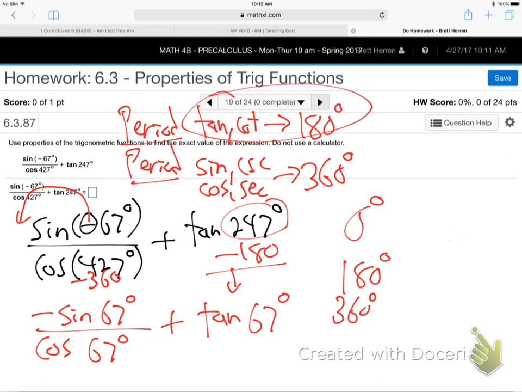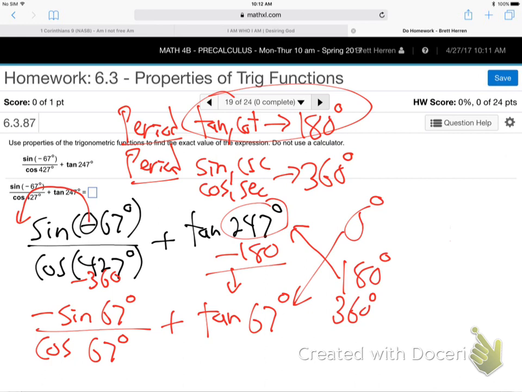Every 180, he restarts his cycle. So however far you are into his cycle, it's going to be the same value, whichever cycle you're in. 67 is 67 past the start of a cycle, and 247 is also 67 past the start of the cycle. So they're the same values. All right, I beat that horse to death. You got it.